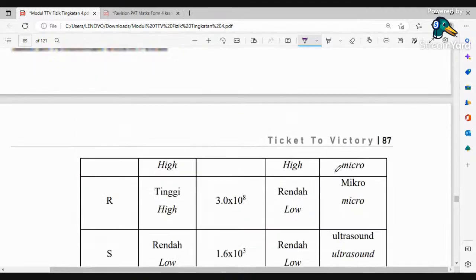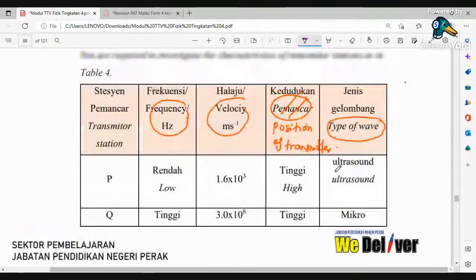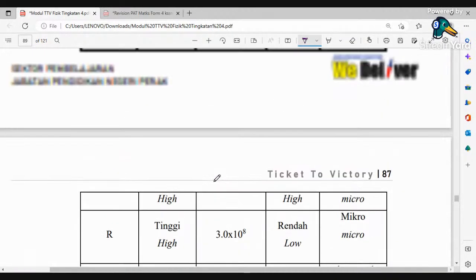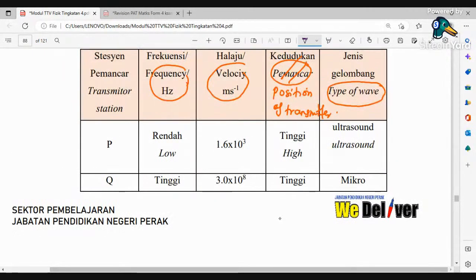Okay, first let's look at the frequency. Transmit from the station, we don't want the energy to be lost along the way, not easily lost. Okay, and also it able to travel longer distance, so we need high frequency wave, not low, because high frequency, high energy. So I don't want low, I will remove the one which is low. I choose high.